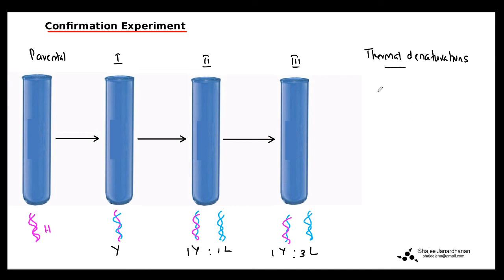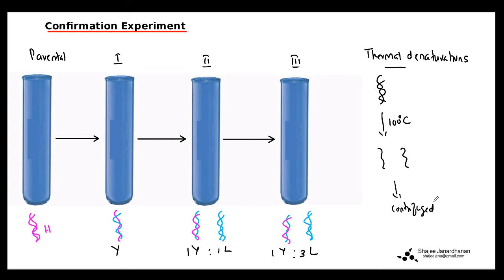What is different is that before doing the cesium chloride density gradient experiment, the DNA is subjected to 100 degrees Celsius. So there will be denaturation, and the two strands of the DNA are going to separate and then be centrifuged. This is the difference from the classical experiment.